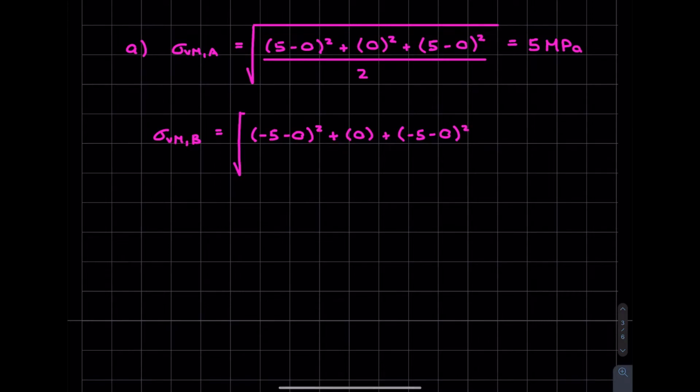So I'm going to finish off my square root sign. I'm going to divide everything by 2. Don't forget that divided by 2. It's, again, something a lot of students will miss. And what we're going to find is that we're going to have negative 5 squared plus negative 5 squared. Well, you square a negative number, it's going to turn positive, and then you add them together. In the end, if you throw this in your calculator, you'll get 5 MPa.